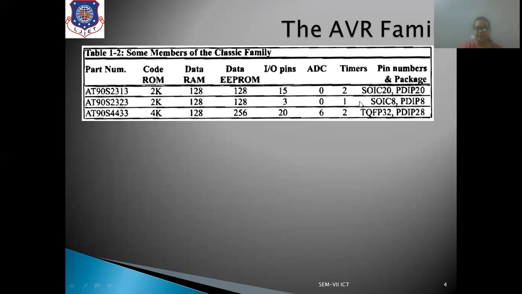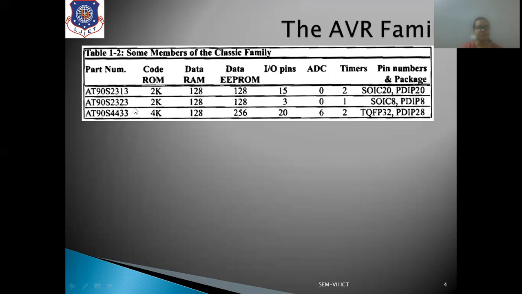Based on different parameters, they have been compared. For 2313, the code memory is 2K, data RAM 128, EEPROM 128, IO pins 15, ADC 0, timers 2, and the packages are SOIC20 and PDIP20.